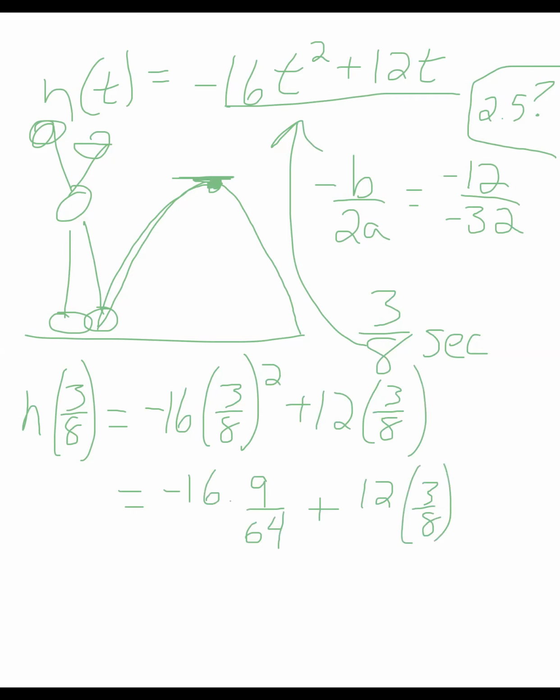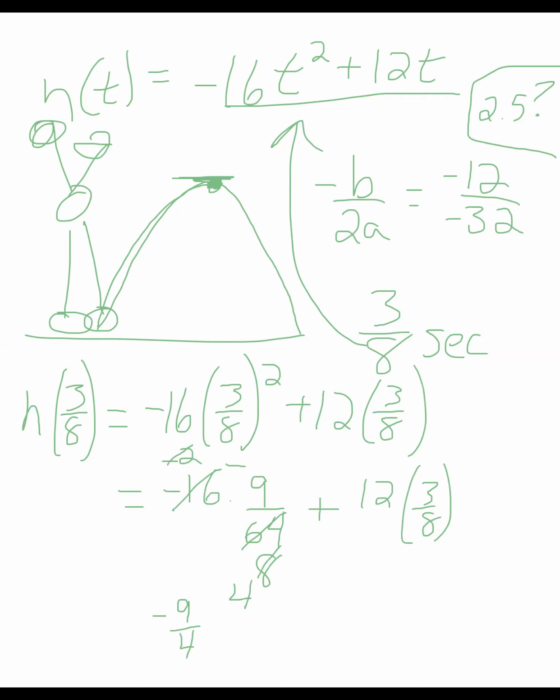Okay, so let's see what we can do. We could reduce a little bit first if you wanted, by 8 maybe. 8 goes into that, that would be a negative 2. 8 goes into that 8 times. Oh, I can do it again. That would just be a 4. So that's just a negative 9/4. Do you agree with that? Yes.